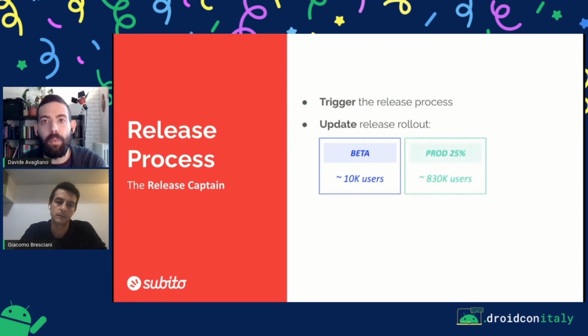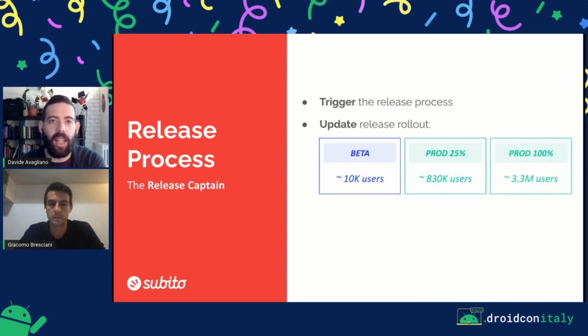Then in the second step, we promote the release to production at 25% of rollout, which is around 800,000 users or so. And in this phase, we can easily receive all the other newly introduced bugs if there are some. So we still have time to produce a hotfix without affecting the whole user base. The final step, if we have a healthy APK, is when we update the rollout to 100%, which is more than 3 million users.